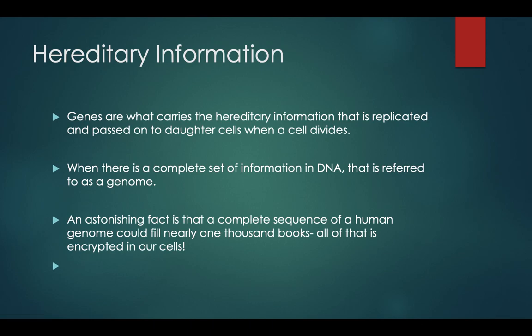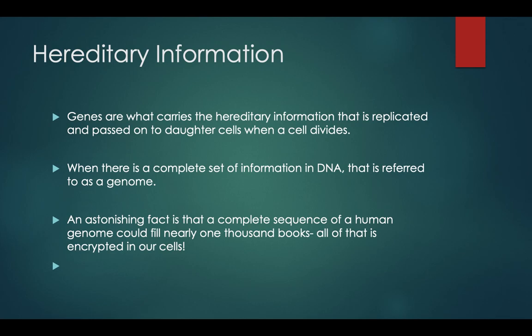Genes are what carry the hereditary information that is replicated and passed on to daughter cells when a cell divides. When looking at DNA, it's important to recognize that there is a specific sequence of coding that must take place to accurately replicate. Different organisms can have different nucleotide sequences. When there is a complete set of information in DNA, that is referred to as a genome.